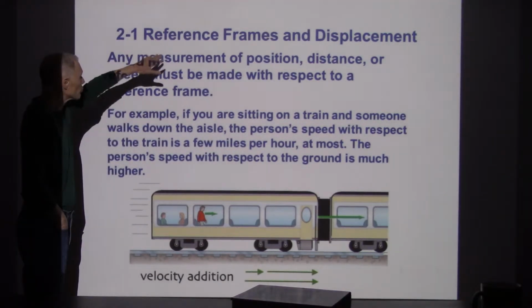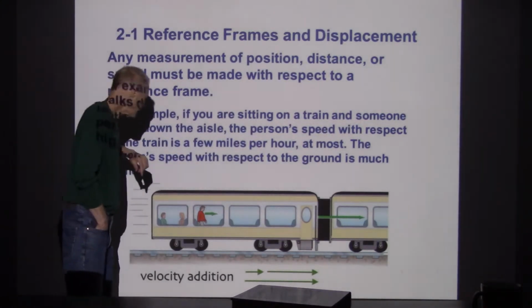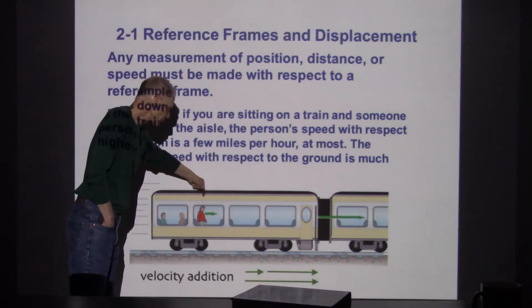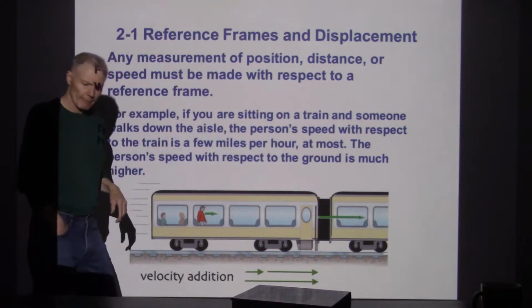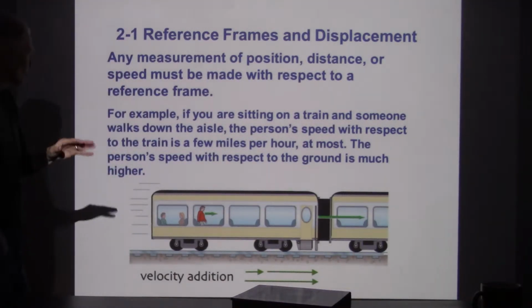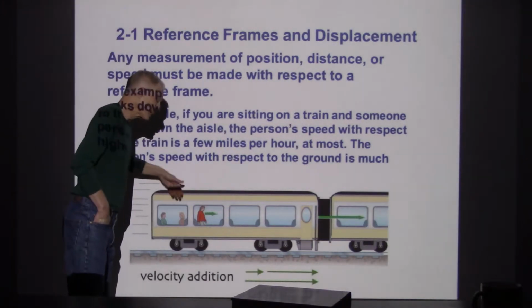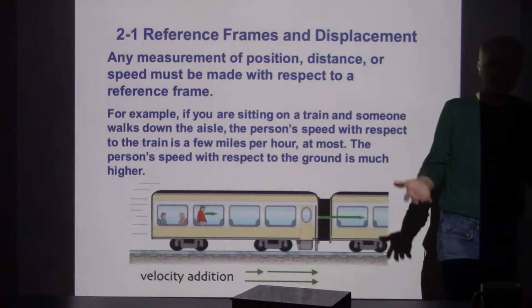But as far as reference frames, you may be familiar that if we have someone on a train carrying out some kind of a measurement of something, it could be different from somebody outside the train. So for example, if you're on the train sitting there, you might decide to just say, hey, I'm at rest.